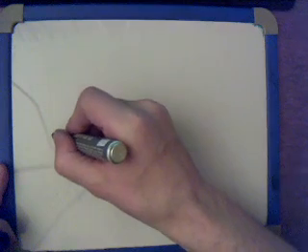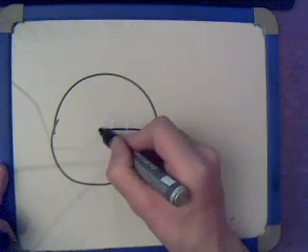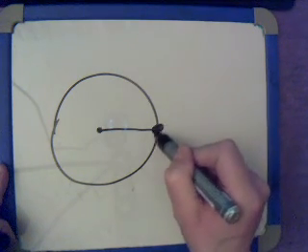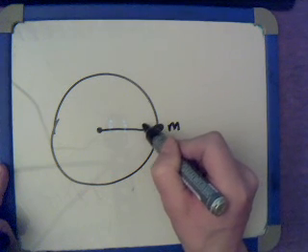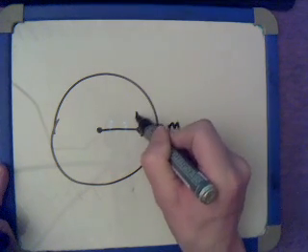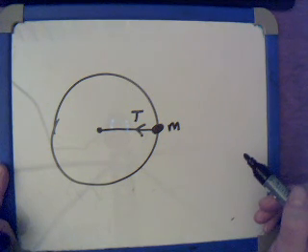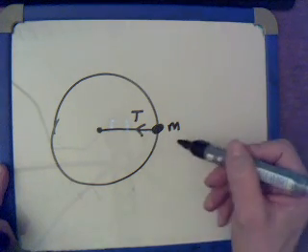Okay, now next thing we'll look at is acceleration. So here's our circle again. Here's the string. Okay, now there's going to be a force. If this is a string, there's going to be a force acting on this mass, and from the mass's point of view, it will feel the force T acting towards the center of the circle, and that for our horizontal circle is the only force it will feel, and that is the resultant force.